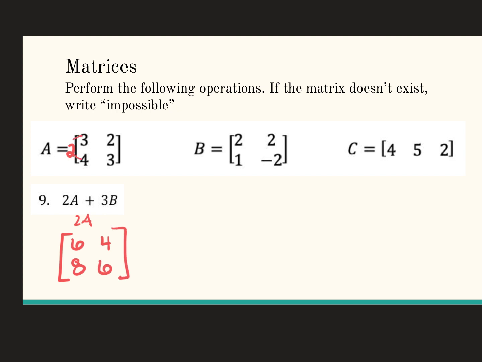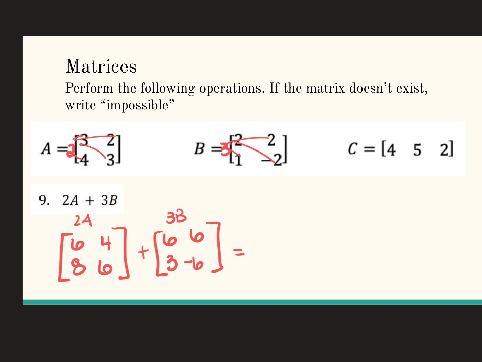I just multiplied everything in here by 2. Now I'm going to have 3 times B. So 3 times everything in there. 3 times 2 is 6, 3 times 1 is 3, 3 times 2 is 6, 3 times negative 2 is negative 6.